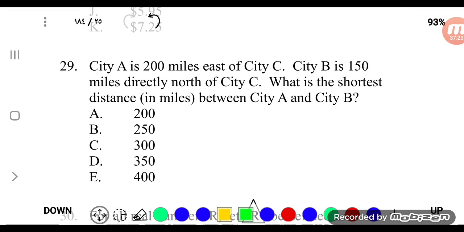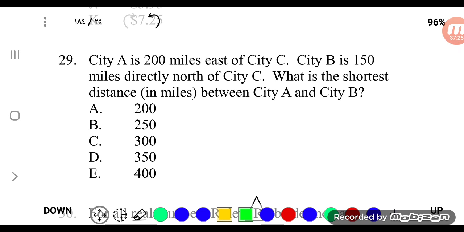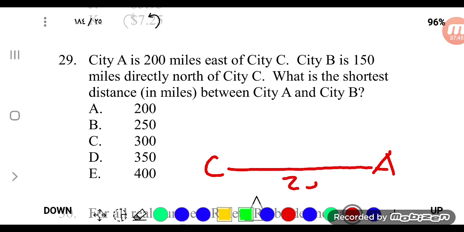Question 29. City A is 200 miles east of city C. So let's sketch it. Here is city A, here is city C. The distance between them is 200, so this is 200.